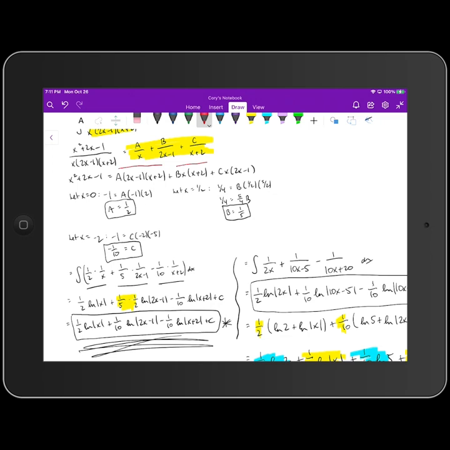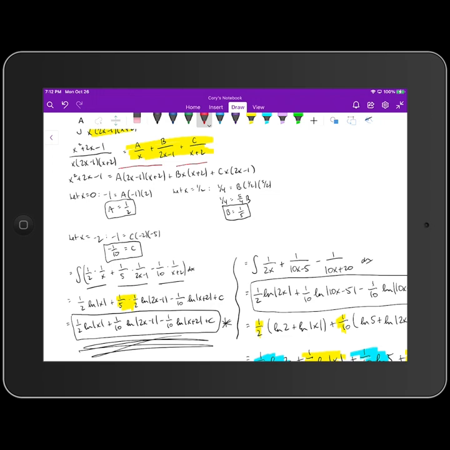If I take 1/2 and divide it by x, that's the same thing as taking 1/2 and multiplying by 1 over x. If b is 1/5, I'm going to pull 1/5 out in front of the second fraction, so that's 1/5 times 1 over 2x minus 1. And if c is negative 1/10, I'm going to pull negative 1/10 out in front of the third fraction, so that's negative 1/10 times 1 over x plus 2.